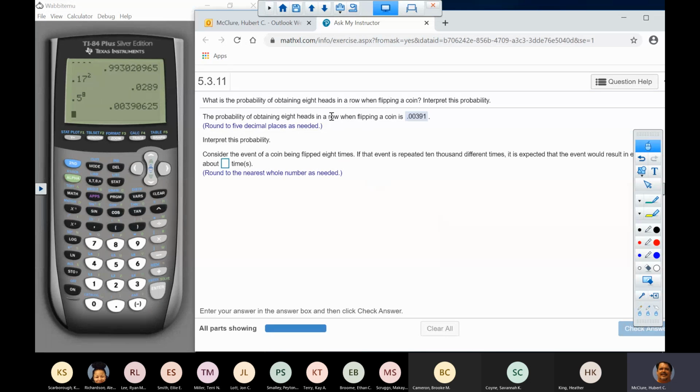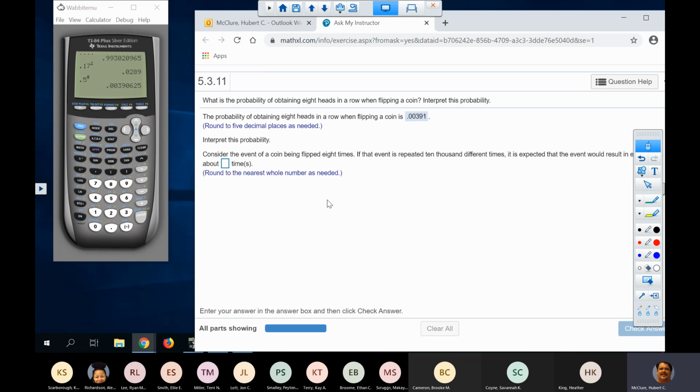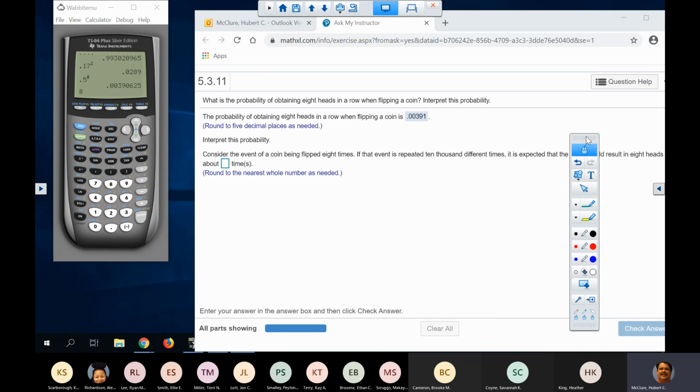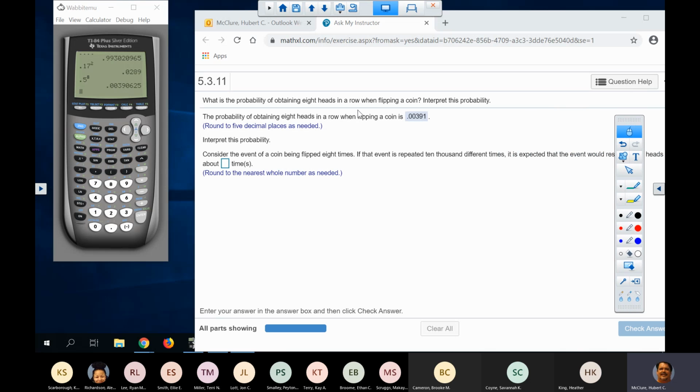Now y'all should write that down. Oh, I thought it was just one question. Consider the event of a coin being flipped 8 times. If the event is repeated 10,000 different times, it is expected that the event would result in 8 heads about, multiply that times 10,000.